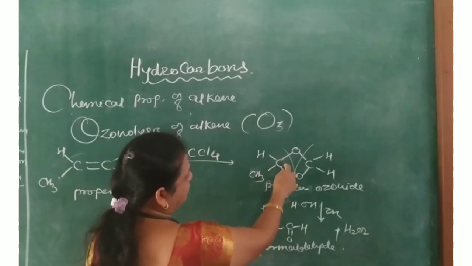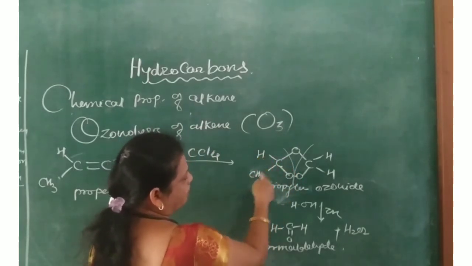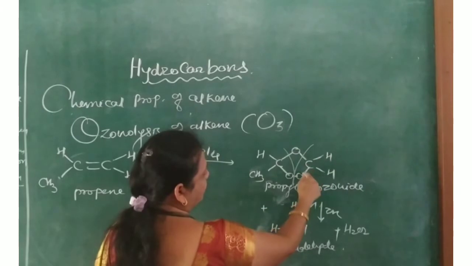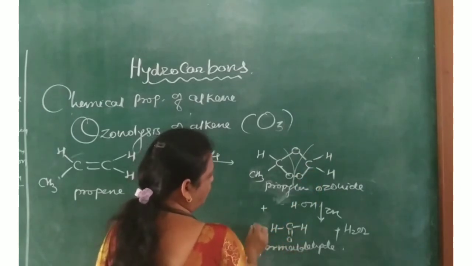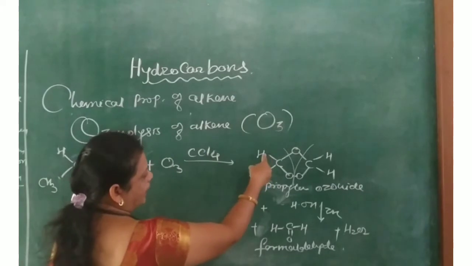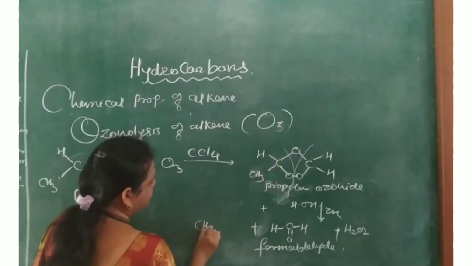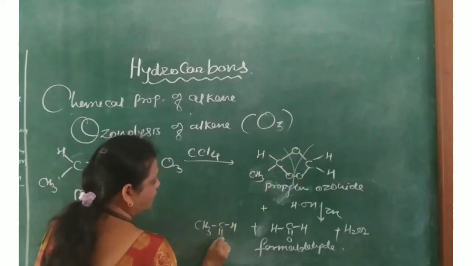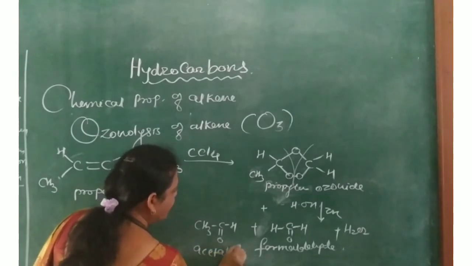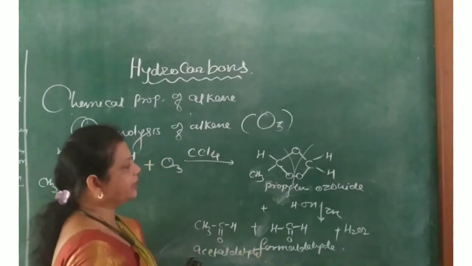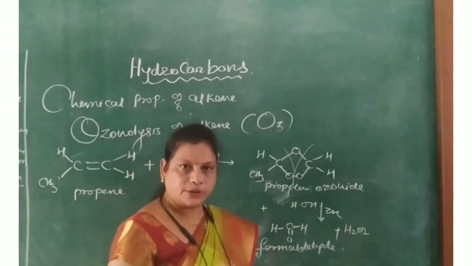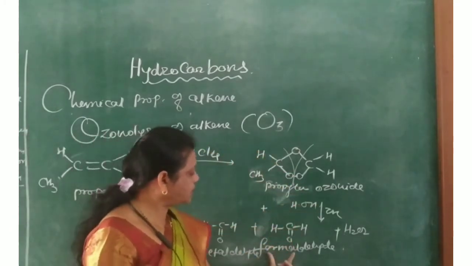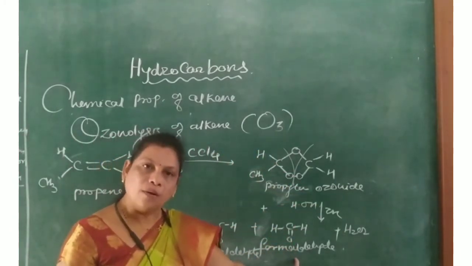This carbon atom is bonded to H and CH3, whereas this carbon atom is bonded to 2 H. So from this side we get HC double bond O H, formaldehyde, plus CH3CH double bond O, acetaldehyde. This O combines with H2O to form H2O2. So propene on ozonolysis after hydrolysis gives a mixture of acetaldehyde and formaldehyde.